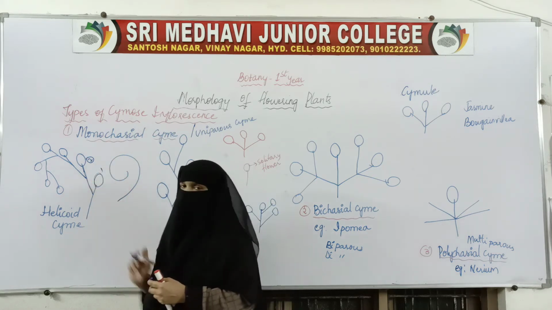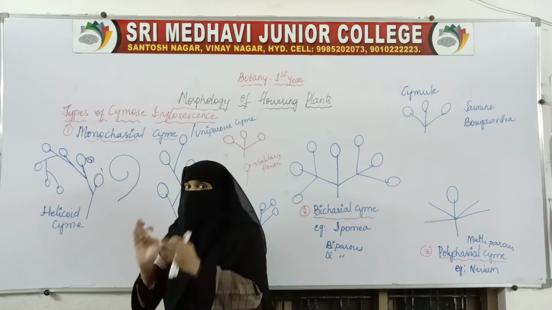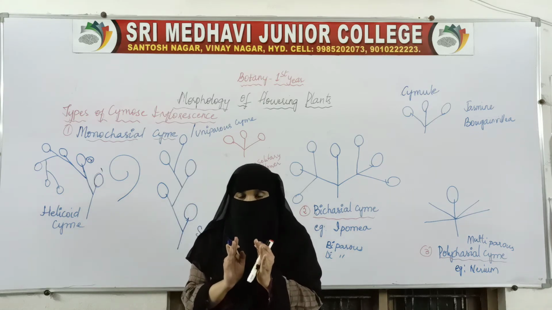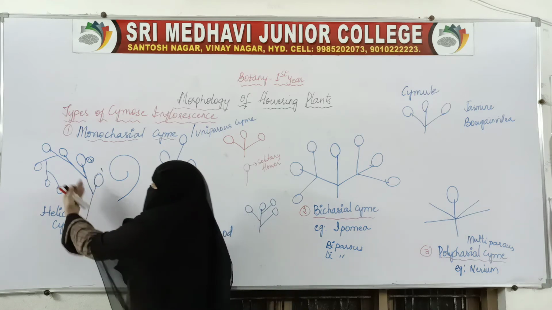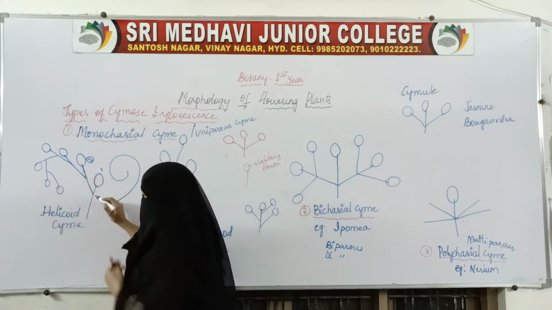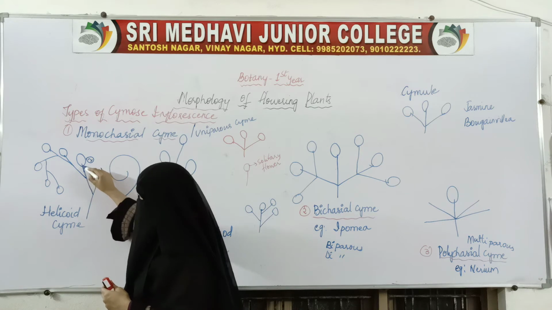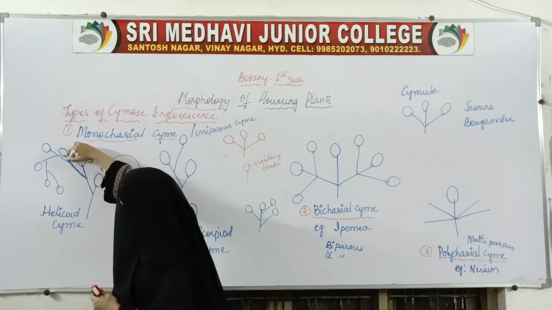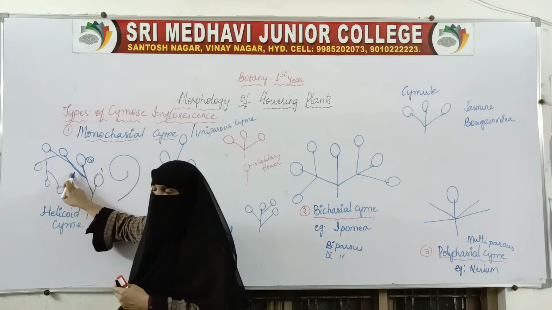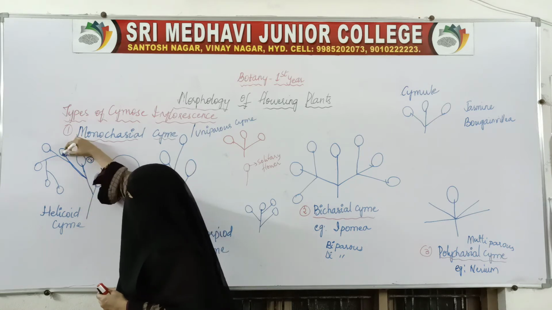This is the second. Now you see the pattern, the side on which the branches are arising. The first branch was produced at this side, and another branch is also produced at this side only.